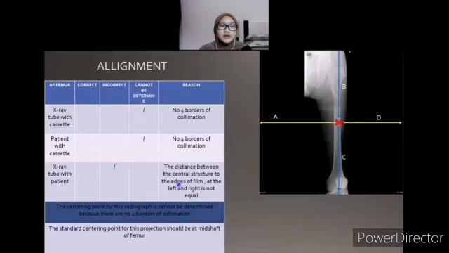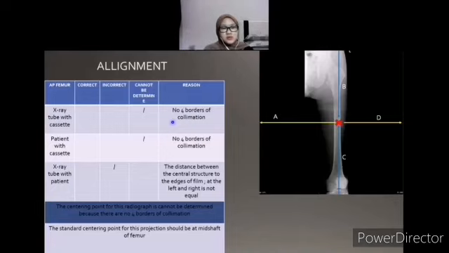For the alignment, the alignment between X-ray tube and cassette cannot be determined because there are no four borders of collimation, and the alignment between the patient and cassette cannot be determined because there are no four borders of collimation.